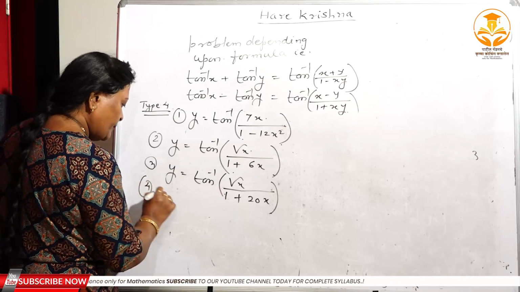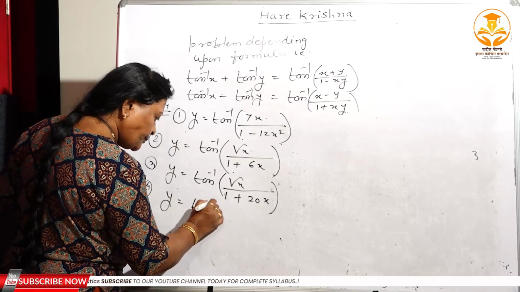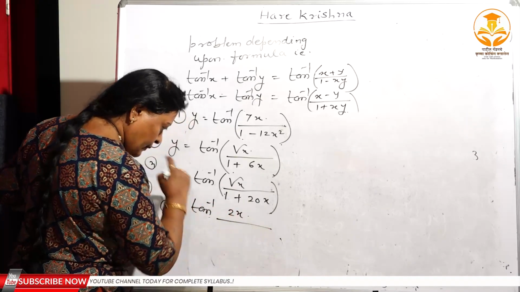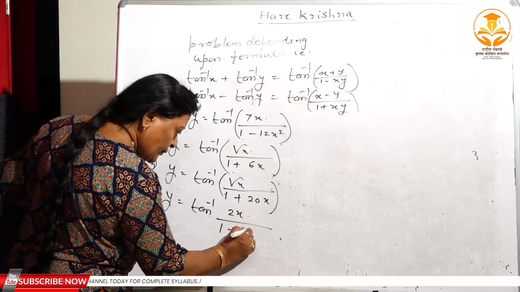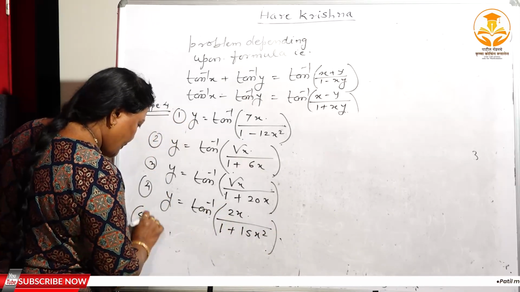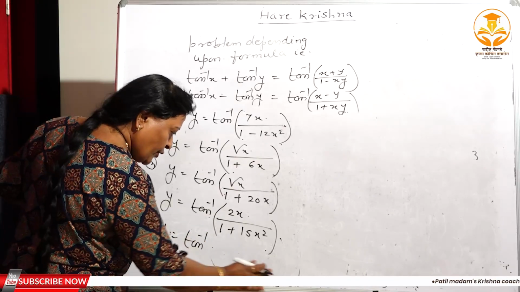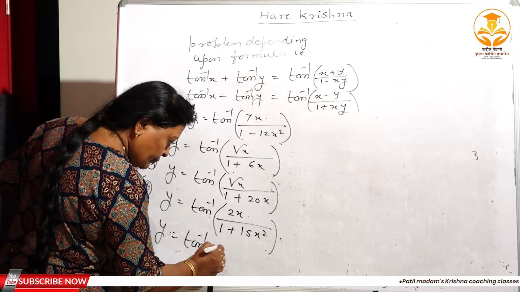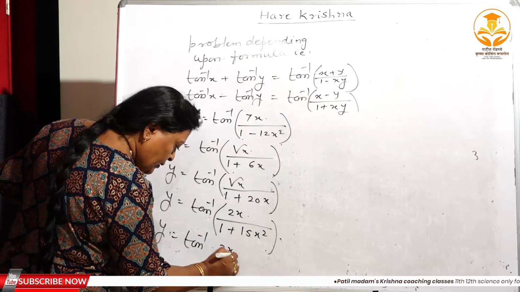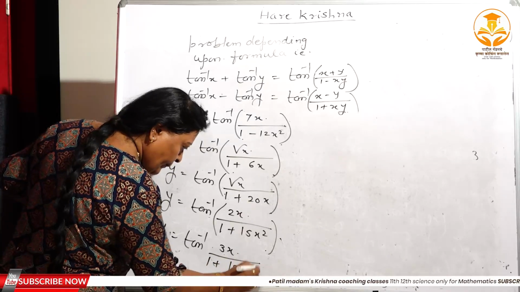Again the fourth one, y is equal to tan inverse of 2x and 1 plus 15x square. And fifth, y is equal to tan inverse of 3x, and here 18x square.